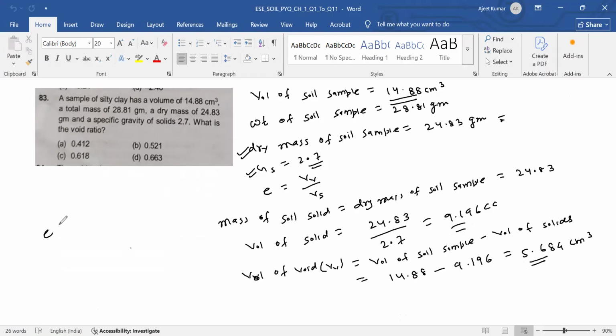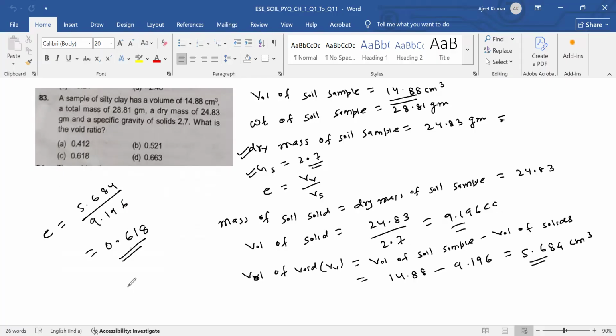So the void ratio e is equal to the volume of voids, 5.684, divided by the volume of solid, 9.196. If we divide this number by 9.196, we will have 0.618.